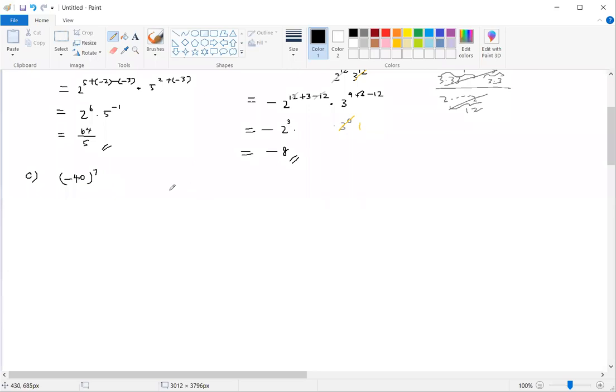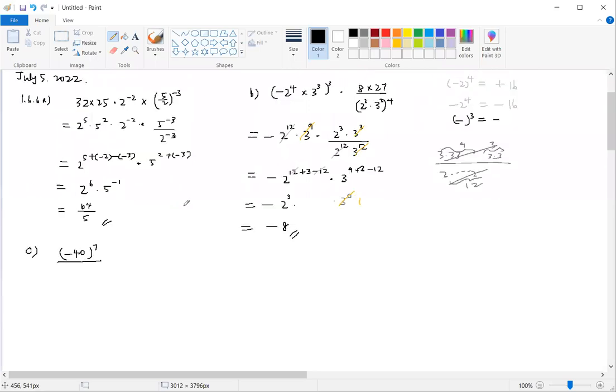Okay, so part C here is this over... Maybe someone not done here. Okay, 2 to the 30 times 25 to the 3. Maybe 40 doesn't look like a power of something, but the bottom gives you a hint.